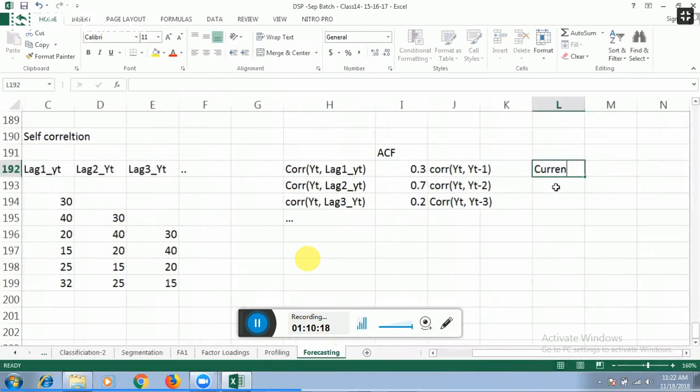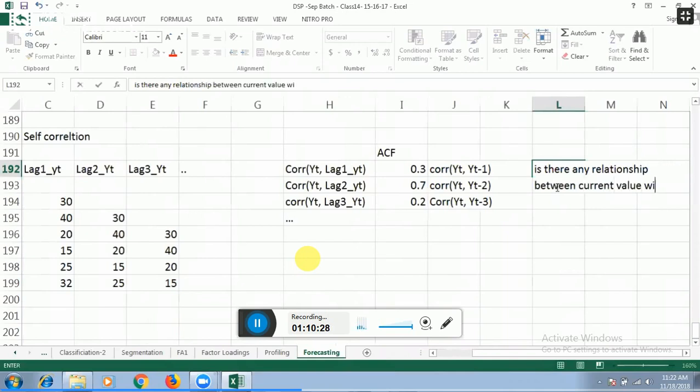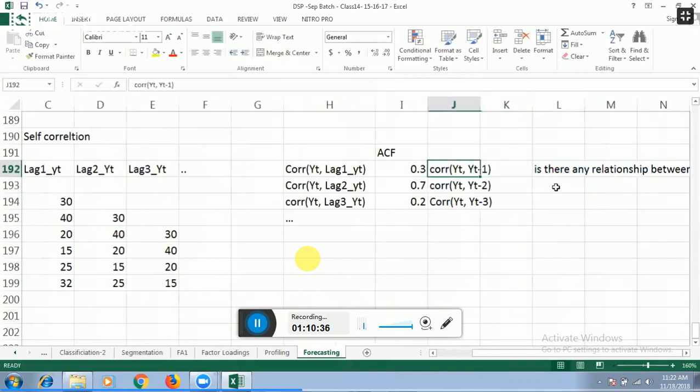We can identify whether there is any relationship between your current value and the previous values or not. If all the values are close to 0, what does that mean?